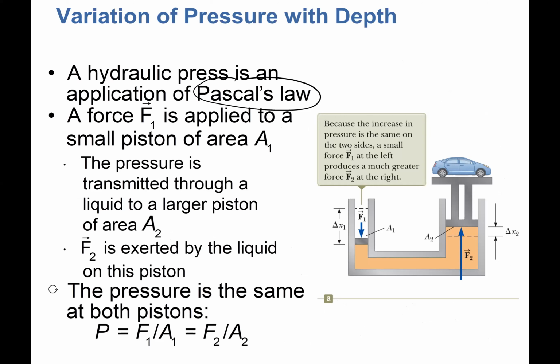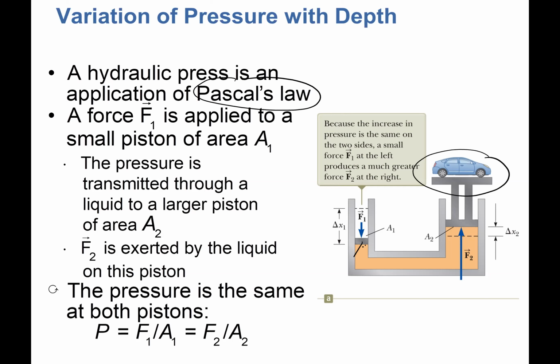A lot of times when you take your car to a car mechanic, they have this setup where they put your car somewhere, and there's some kind of area. They put your car, and then with your foot they press something, and the entire car goes upward. This basically uses the concept of Pascal's law, which is about pressure. This is known as a hydraulic press.